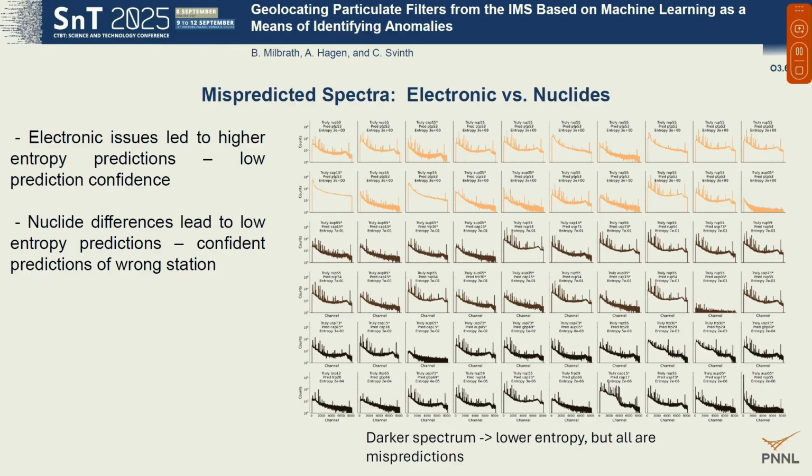It had low confidence in prediction because lots of stations have electronic noise. The ones at the lower extremes, where you had low entropy predictions, which means more confident predictions, tended to be things like a new nuclide showing up in a spectrum or so forth. It would be confident about its identification, but wrong, because these were things it was seeing less often.